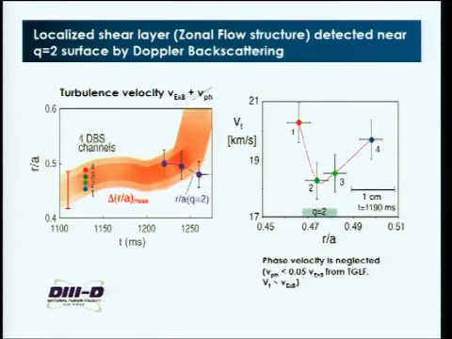When we look at the flow velocity, we see that there's a local shear layer formed near the q equals 2 surface. There's a difference of a couple of kilometers per second in toroidal flow, which sets up a very strong local shear.